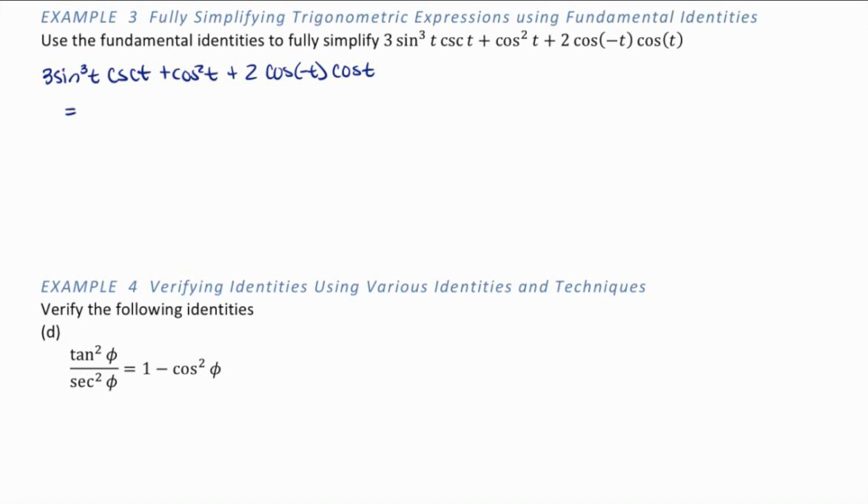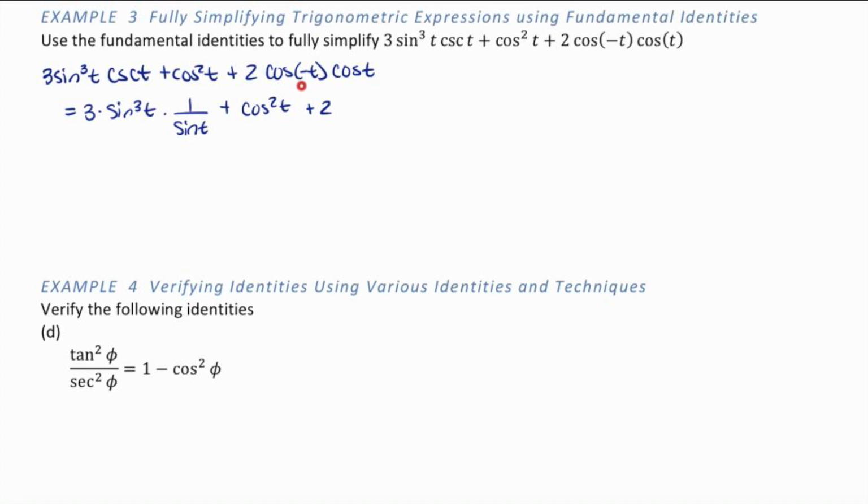So this becomes 3 times sine cubed of t. What is cosecant? How can I rewrite cosecant as a reciprocal of some other trigonometric function? If you said 1 over sine of t, you're correct. Then we add cosine squared of t plus 2 times.